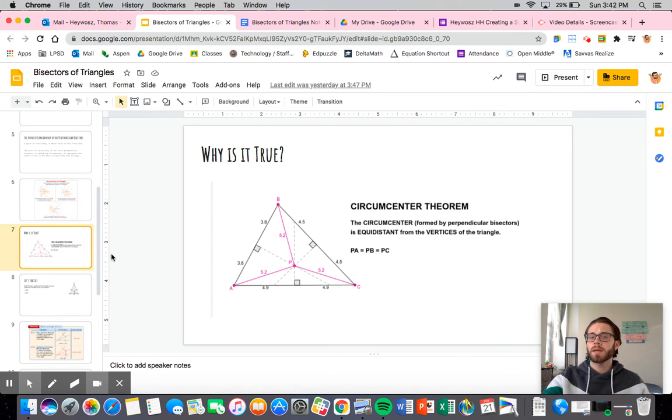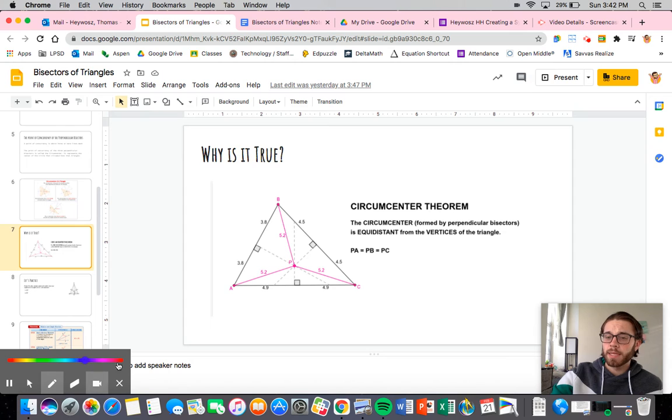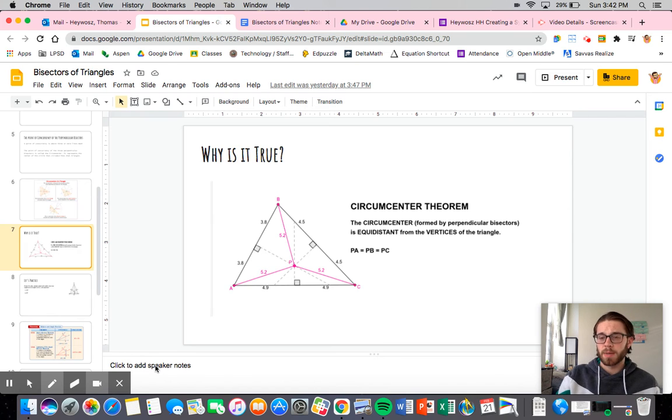So let's actually look and kind of ask ourselves, well, why is this true? So we have something called the Circumcenter Theorem. The Circumcenter Theorem says, if I have a circumcenter, which again is the point of concurrency of the perpendicular bisectors. Perpendicular bisectors have 2 pieces of information about them. They are perpendicular, which means they form a right angle, and they go through a midpoint.